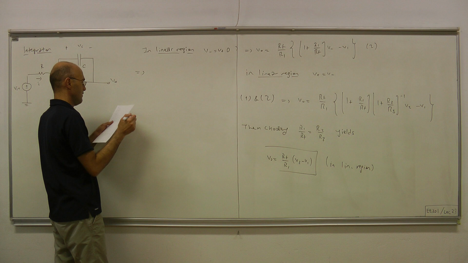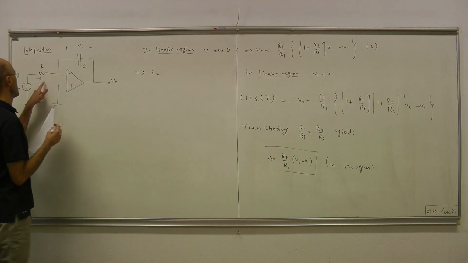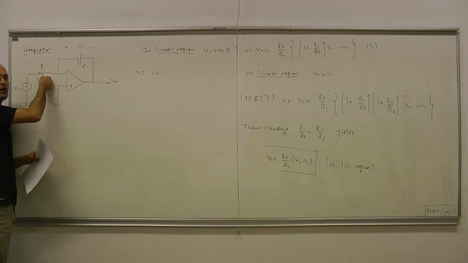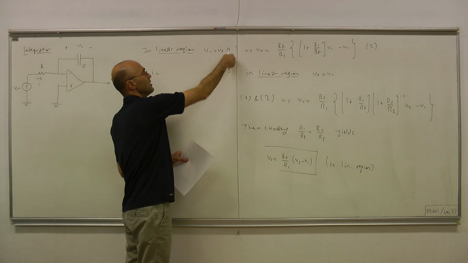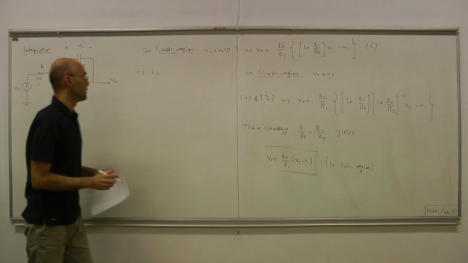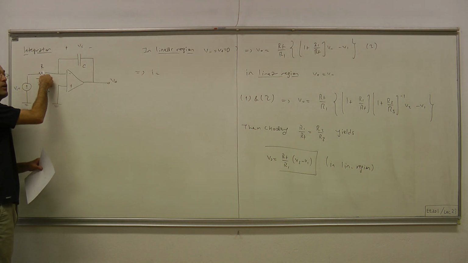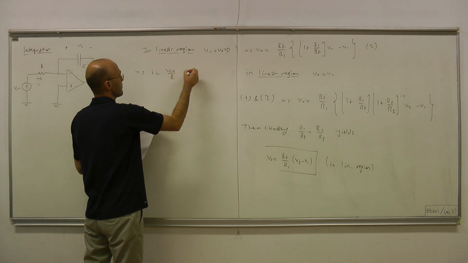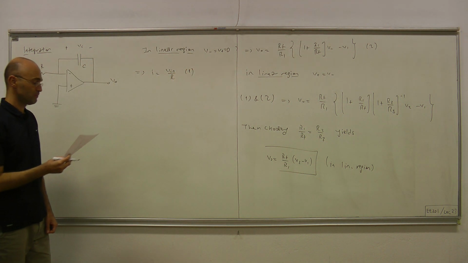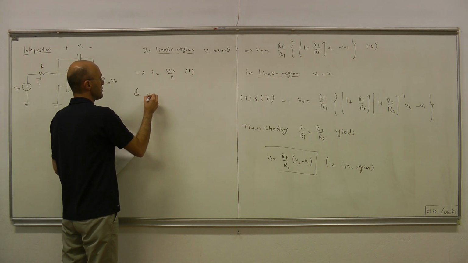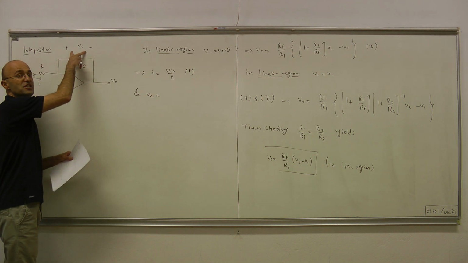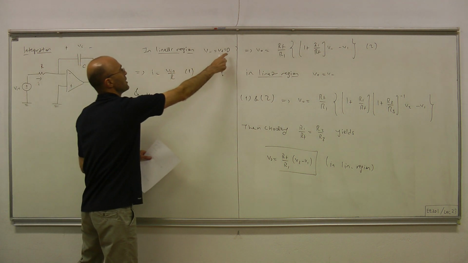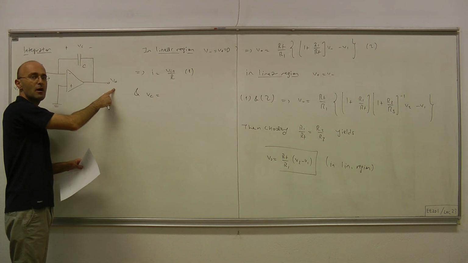Then this current here equals V in minus V minus over R. Since V minus is 0, this current simply is V in over R. I equals V in over R. Equation 1. And this voltage VC equals V minus minus V out. V minus is 0, therefore VC must equal minus V out.